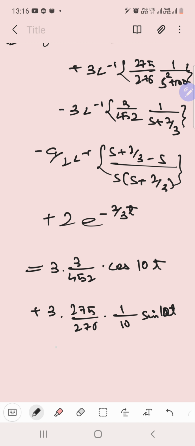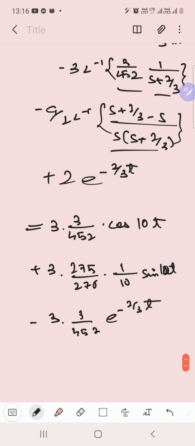Clear? And then this one is minus 3 times 3 over 452, and 1 over s plus 2 by 3 is e to the power minus 2 by 3t. Got it?